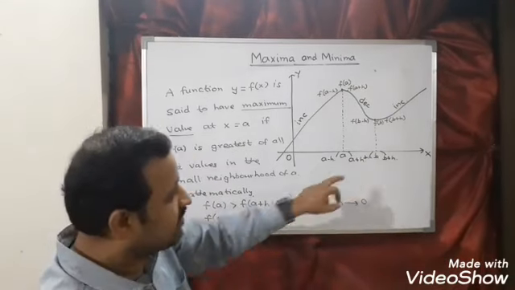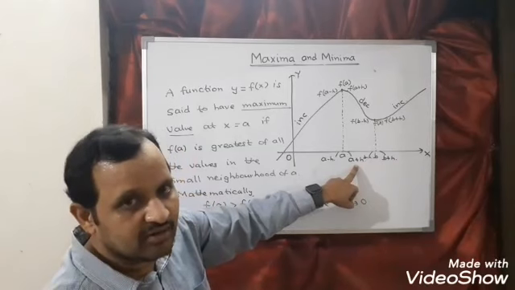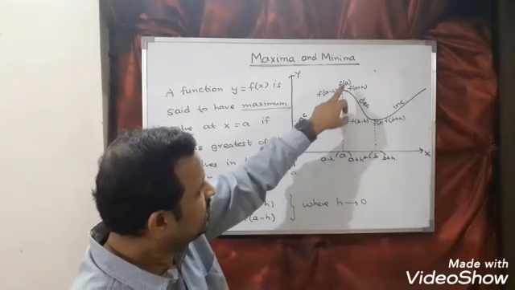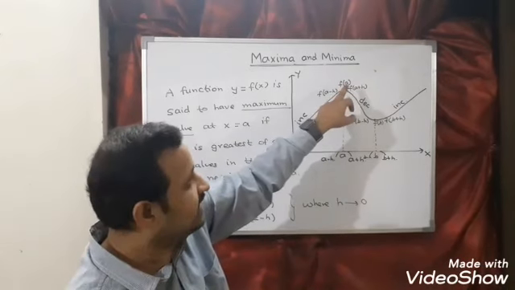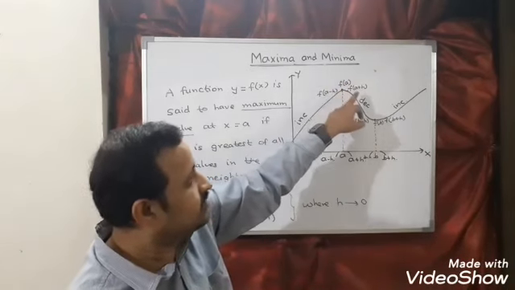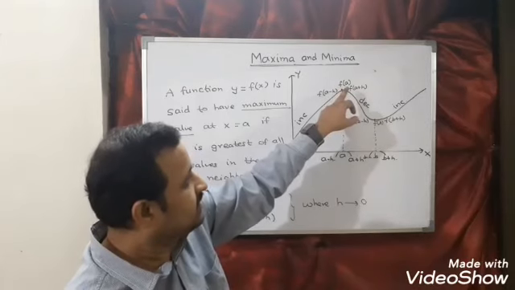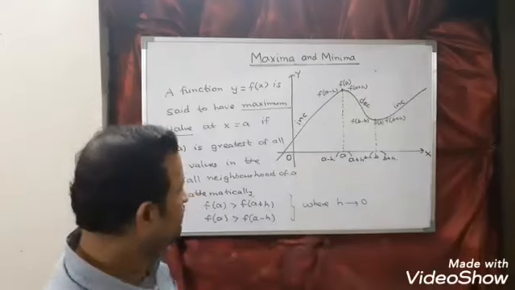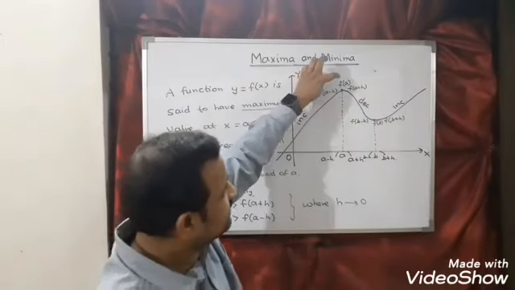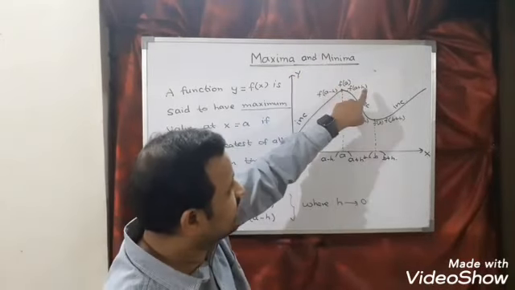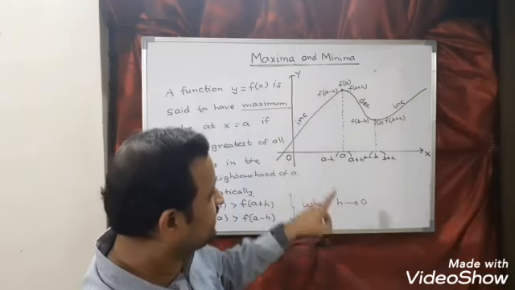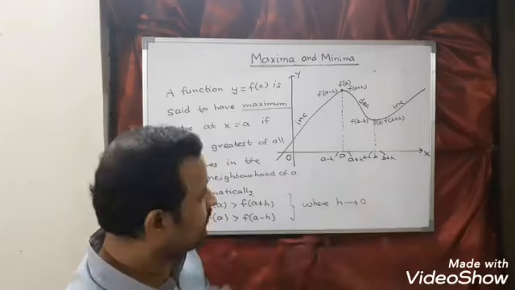So h represents what? A very small positive number. If the function has the greatest value in the small neighborhood of A, then that value is said to be the maximum value.